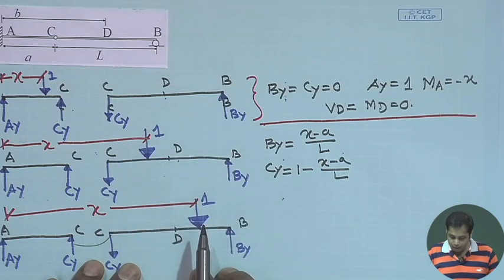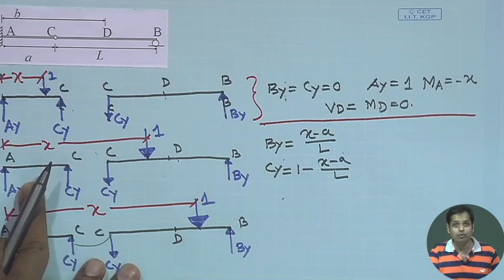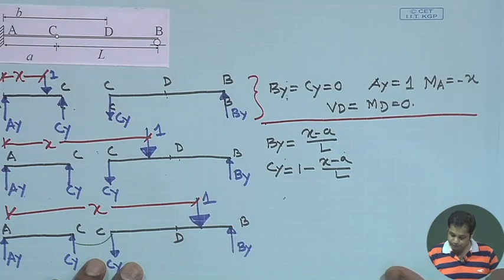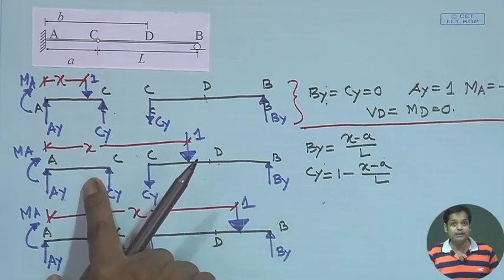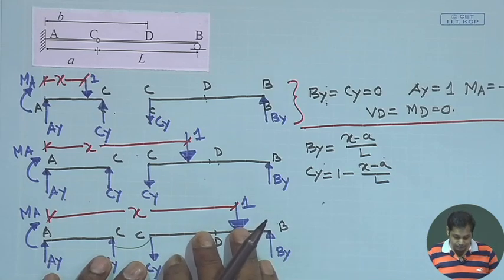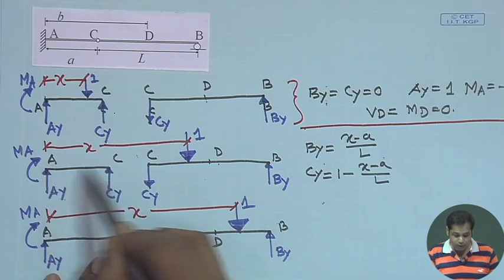Now, once we know Cy, let us go to this free body diagram. There is no other vertical load.